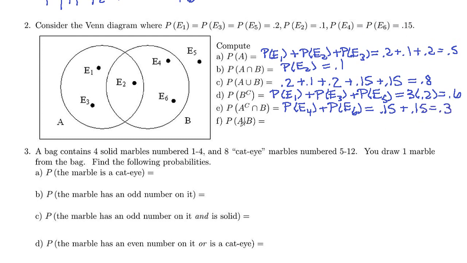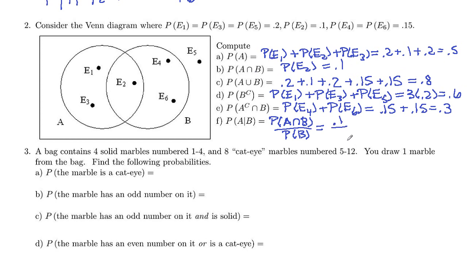And then probability of A given B. So by definition, that is the probability of A and B divided by the given probability of B. So probability of A and B, we've got that right here, 0.1.